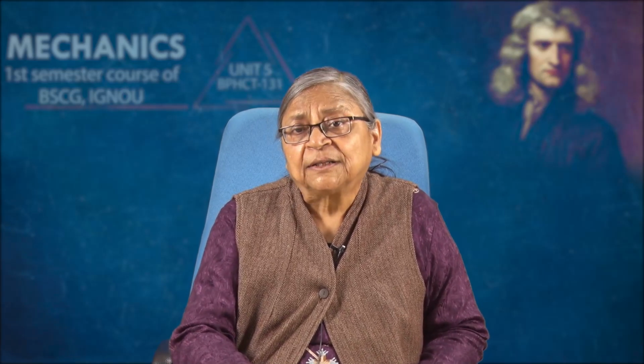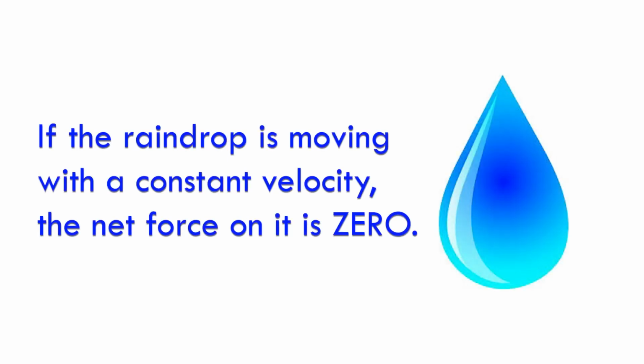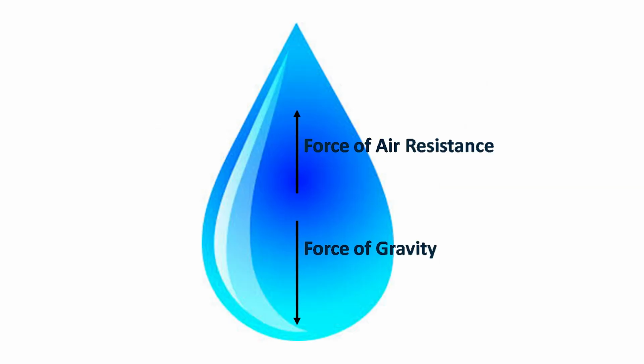Think of this. If the raindrop is moving with a constant velocity, the net force on it is 0. So what are the forces acting on it? What are the forces being exerted on it? It is the force of gravity and an opposite force of air resistance.